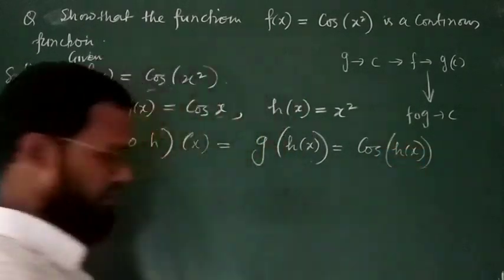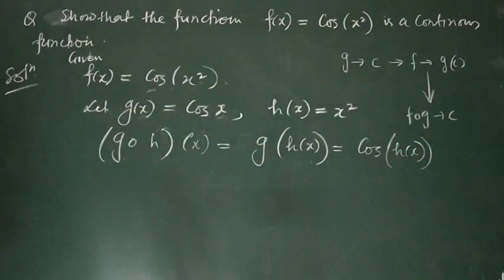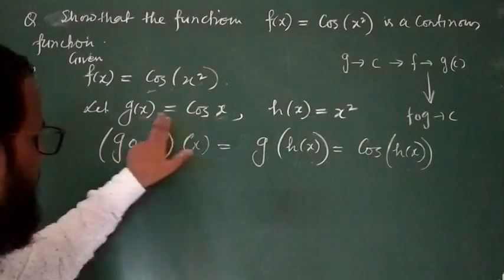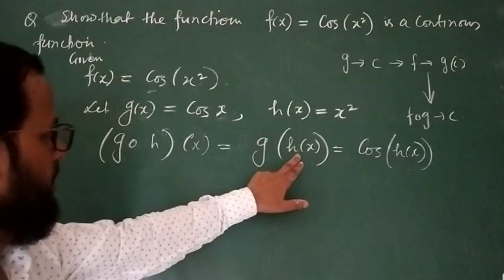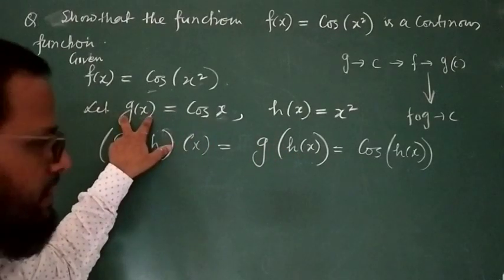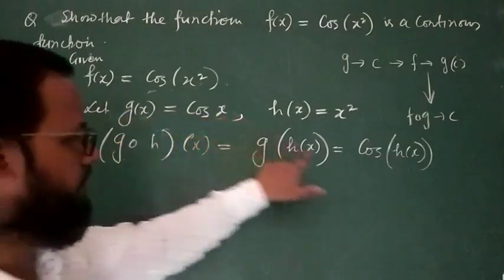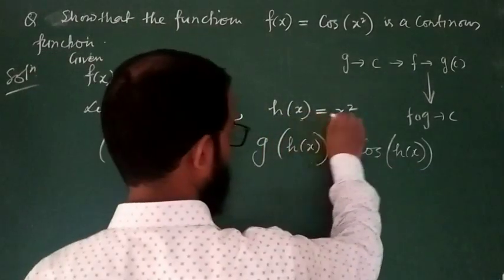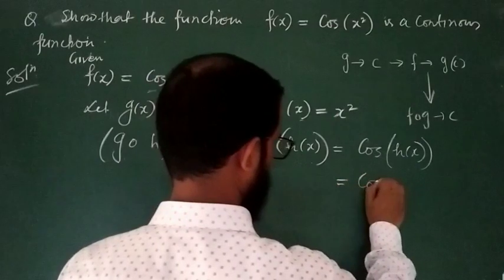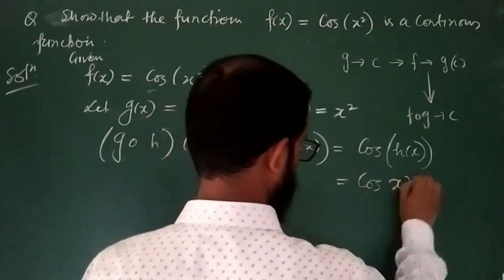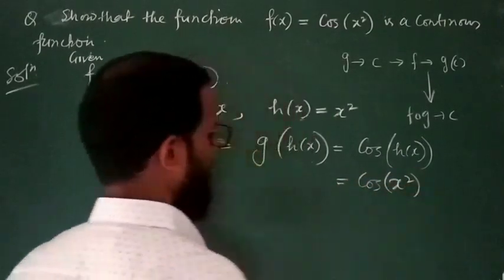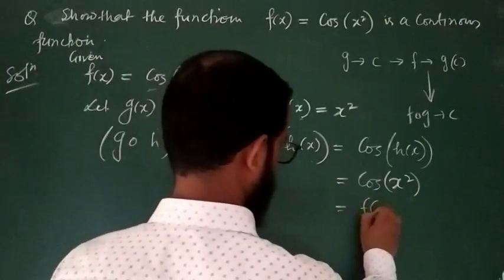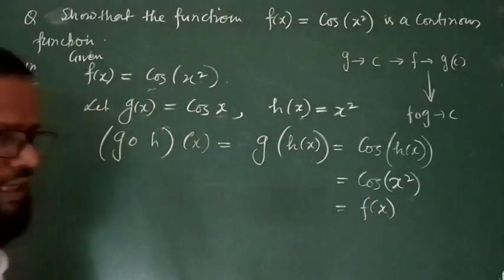I hope that you can understand and you are relating this. Okay, now g(x) is equal to cos x. If x is replaced by h(x), then you will get g of h(x), and g of h(x) is equal to cos of h(x). But what is h(x)? h(x) is equal to x square, and this is your f(x).